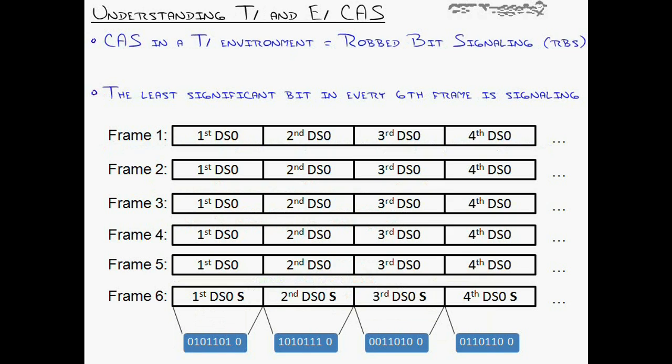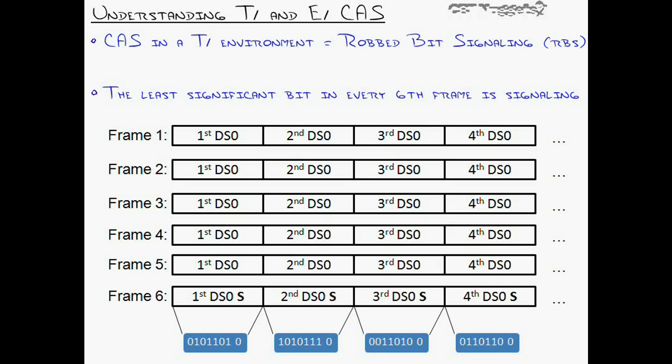Now, before I jump into CAS, I have to admit to you that when I was in the data world, before I got into voice over IP, when I talked about CAS or CCS signaling, or I guess in the data world, we think of CCS as ISDN. That's the only thing that would be CCS, an ISDN connection. I would always just think, boring. Hello. Why do I need to know?